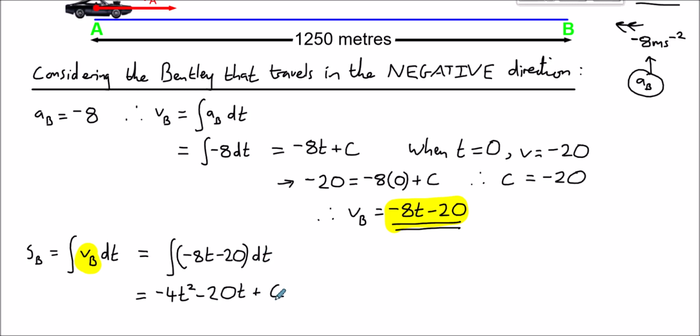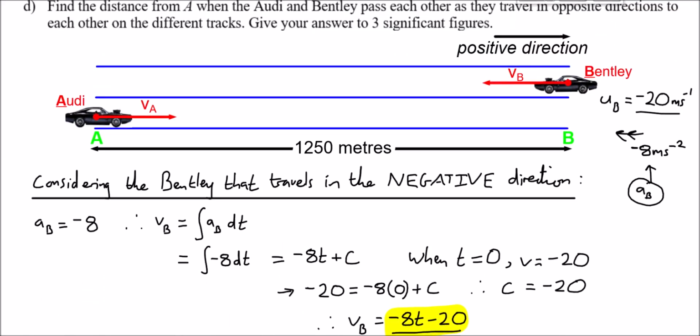We now again need to think about the initial conditions. What is the displacement, when the time is 0? Let's have a look at this diagram again for a second and see where the Bentley is.